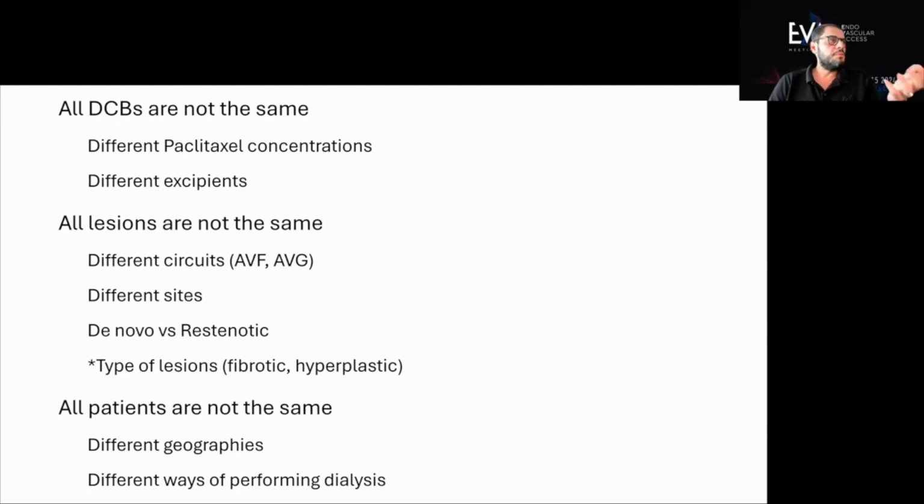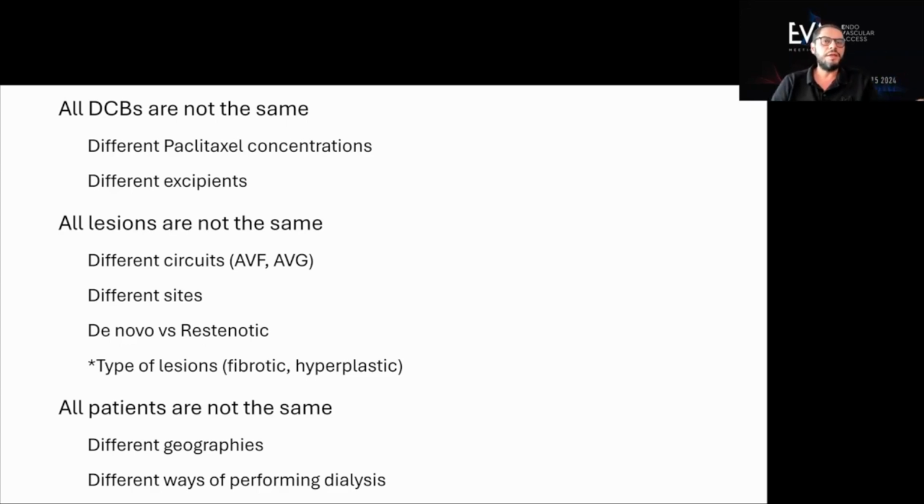What are the problems? The problem is that not all drug-coated balloons are the same. We have different paclitaxel concentrations, we have different excipients, and not all lesions are the same. You wouldn't compare the results in the iliacs or the SFA or the below the knee lesions in PAD.